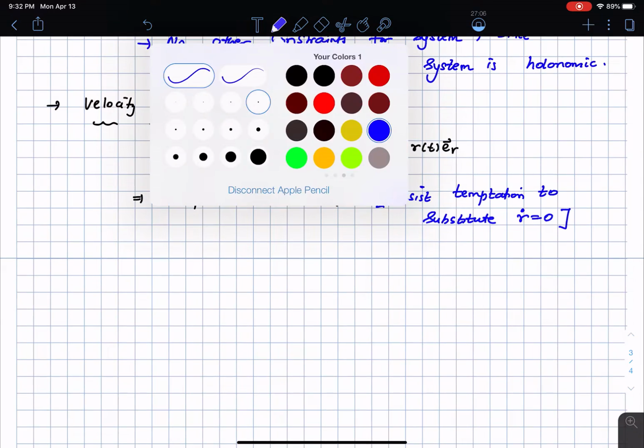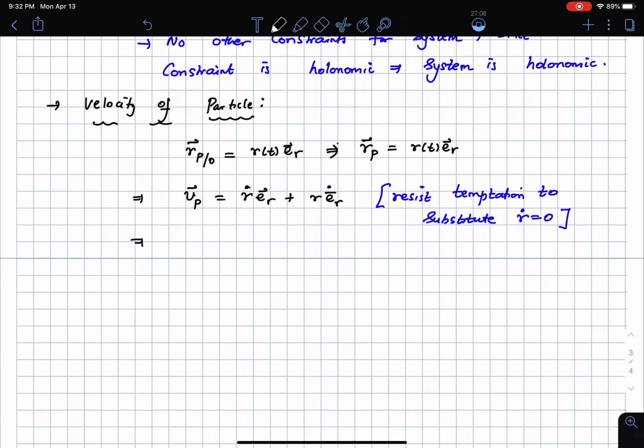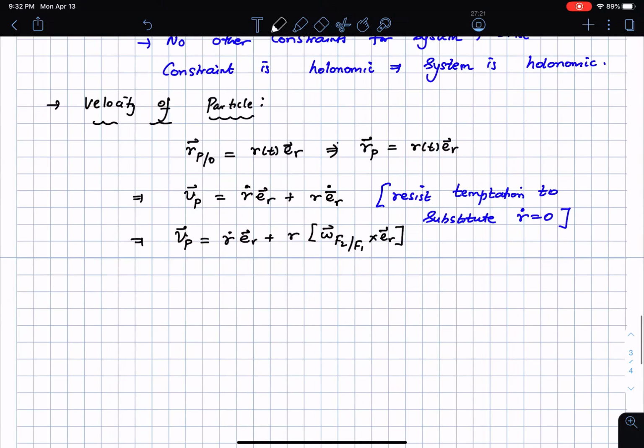So Vp is r dot er, and then r times the angular velocity of frame 2 relative to frame 1 crossed with er, so Vp is r dot er plus r times minus theta dot ez crossed with er.